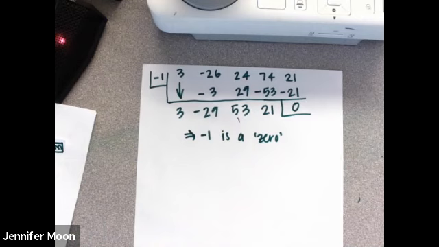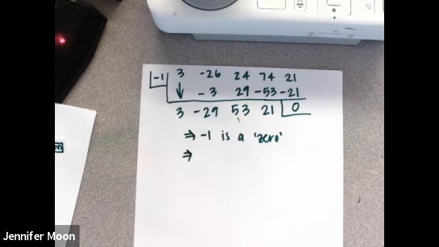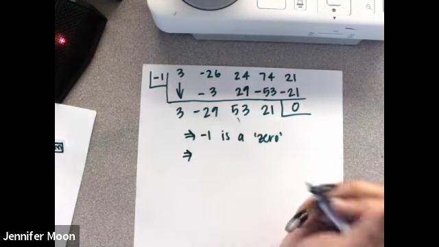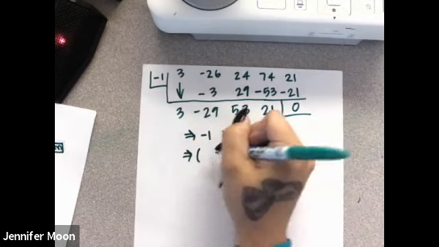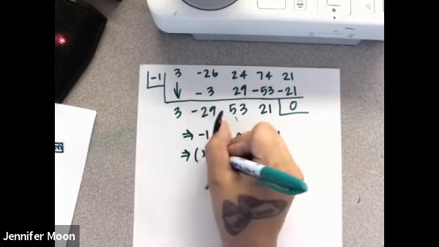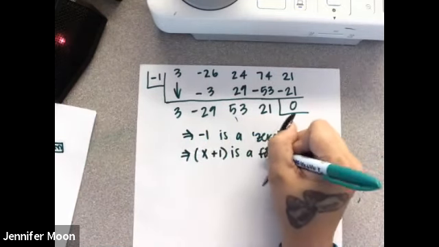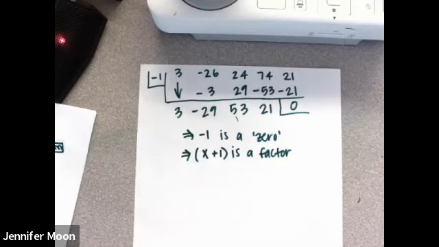Now, because I divided by it and got 0, this further implies that I can write it in factored form. What would that be? A positive one or a negative one? That would be a positive one. This is a factor. And that came from the remainder theorem, factor theorem.